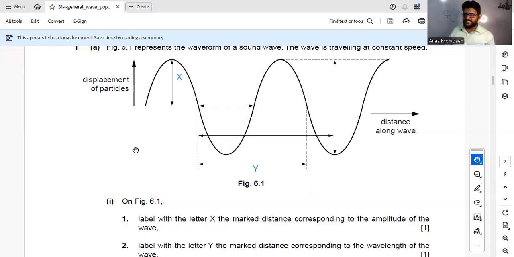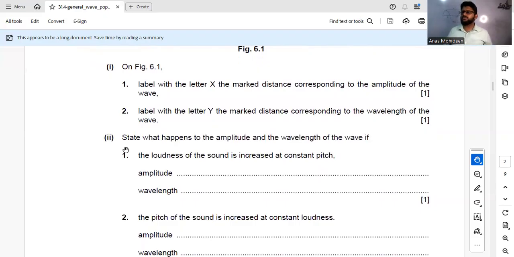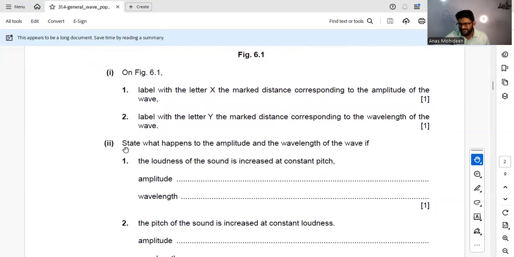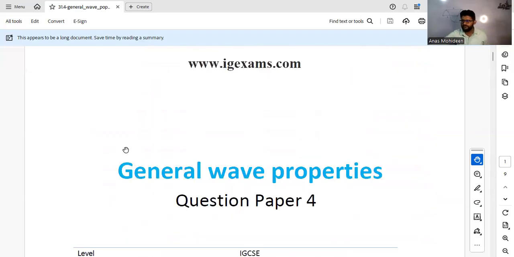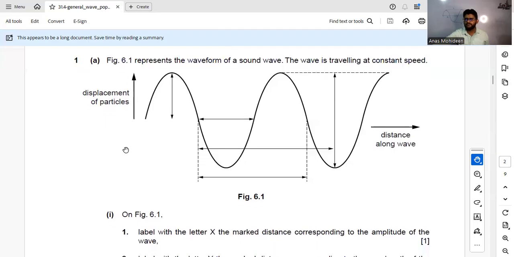All right. So you see, the next point is asking you, state what happens to the amplitude and the wavelength of the waves if the loudness of the sound is increased at constant pitch. So I want you to draw the diagram first. Put the question number 1, take it as waves question paper, write revision questions, question paper 4, and draw this diagram, please.